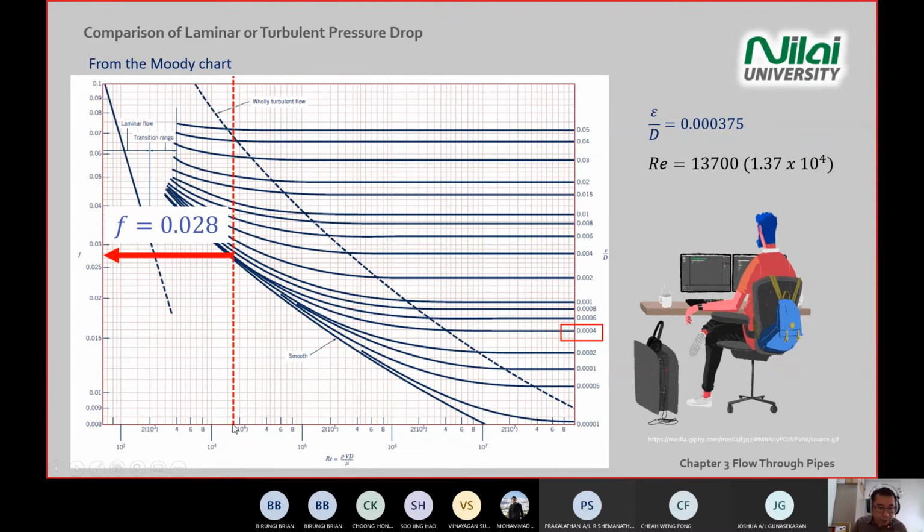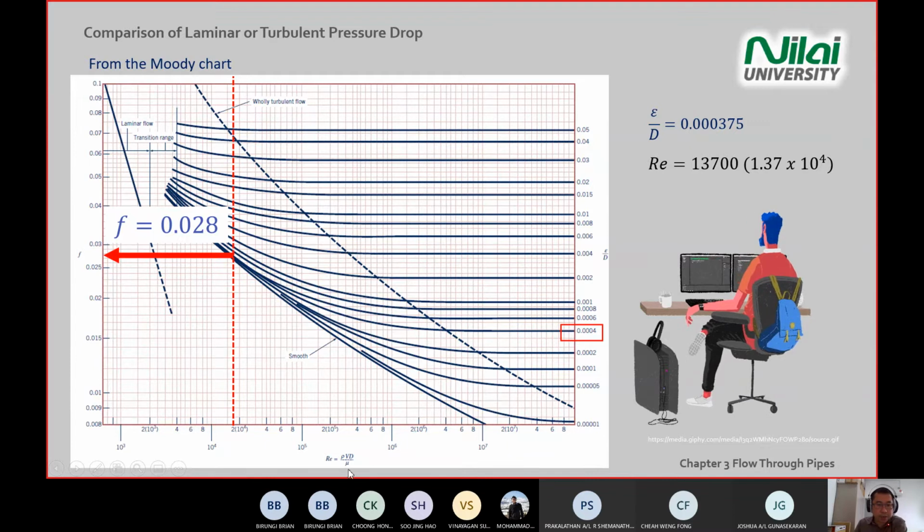It should be a bit to the left. So your value will be around 0.028. Again, the line that I show on the screen here is a bit off from the actual position. I just show you the steps.